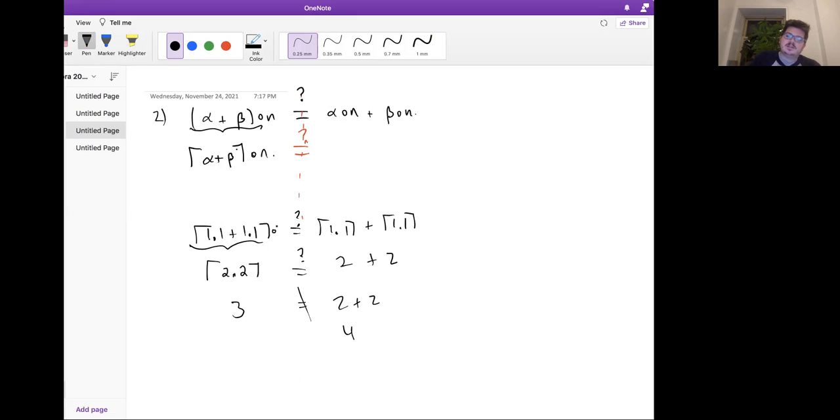You could make it like, how do you do it in this notation? You circle 1, (1.1 plus 1.1) circle 1 is not equal to 1.1 circle 1 plus 1.1 circle 1. Okay, good.